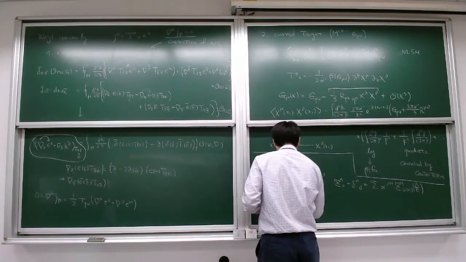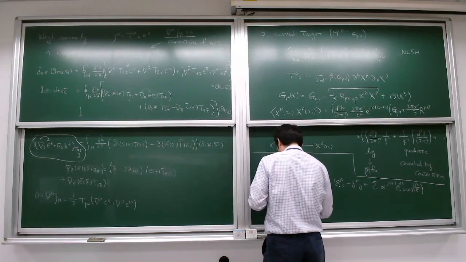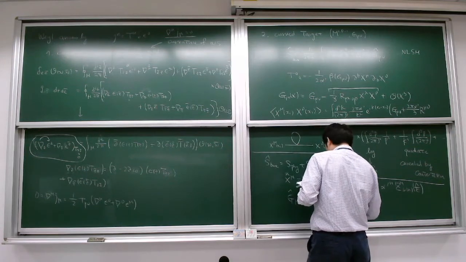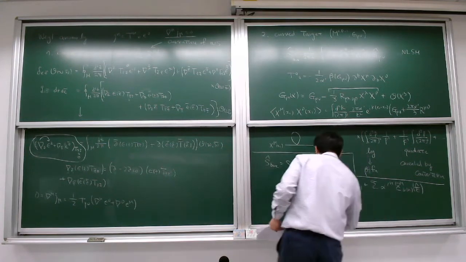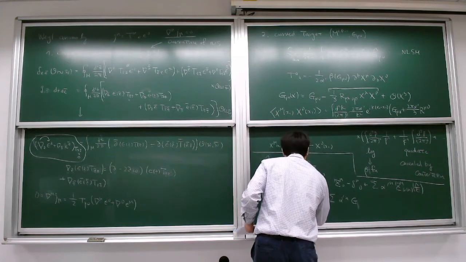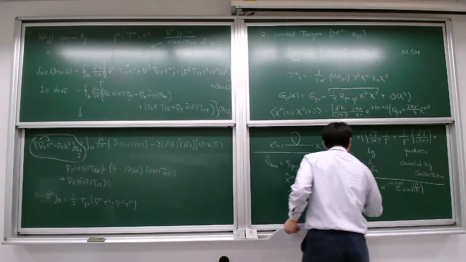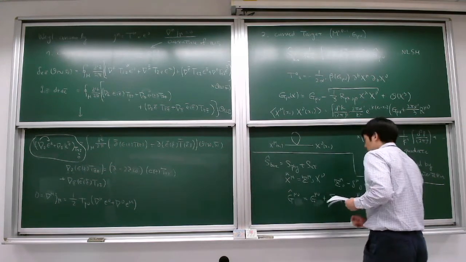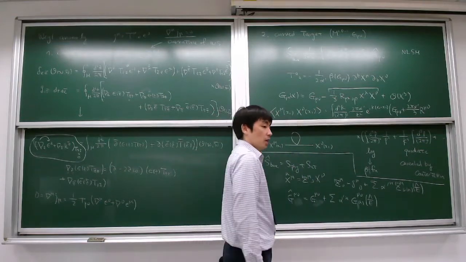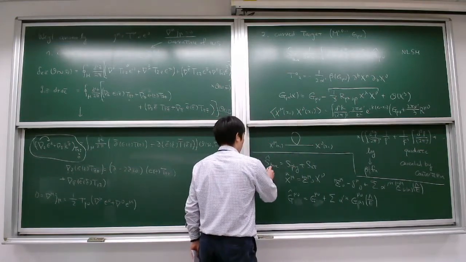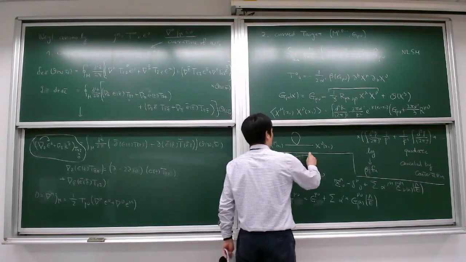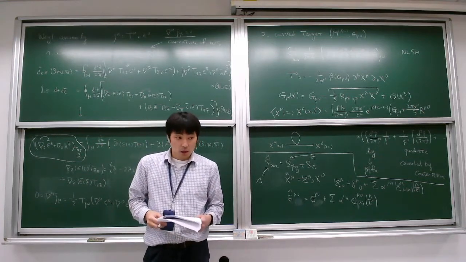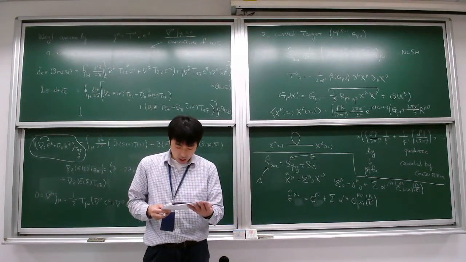So G hat_{mu nu} is just perturbed by the coupling constant, lambda over E. Of course lambda here is a scalar parameter, and E is the physical scale. And so on.